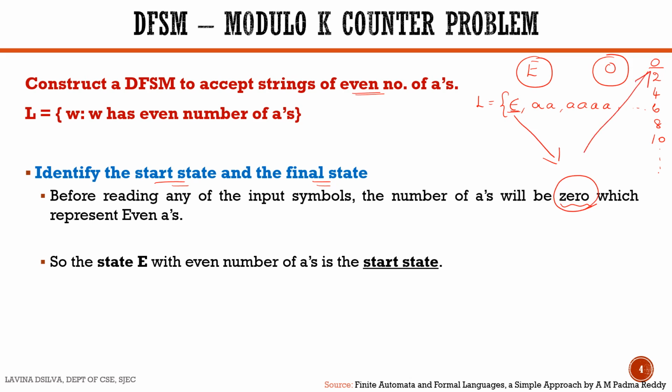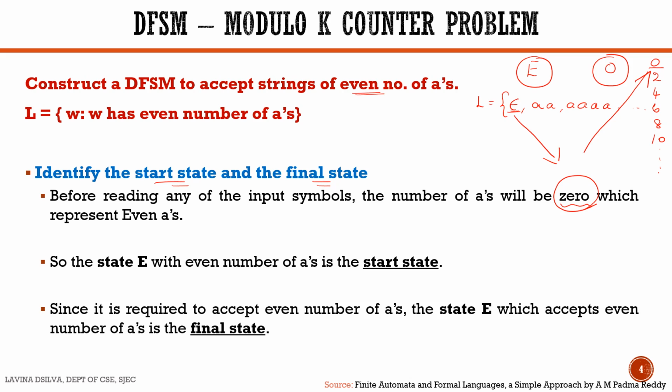Therefore, E, which represents an even number of A's, will be the start state. Since it is required to accept an even number of A's, the state E is also the final state. So the start state and the final state will both be state E.